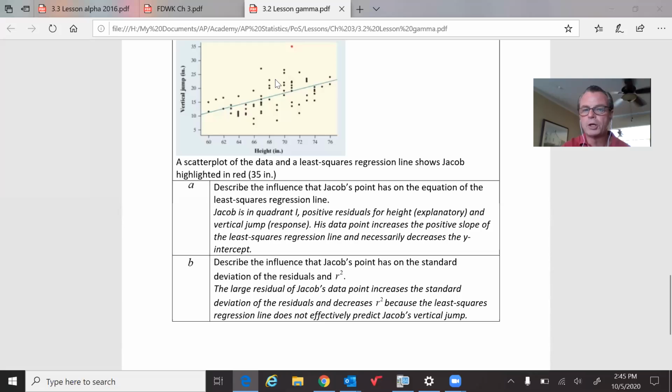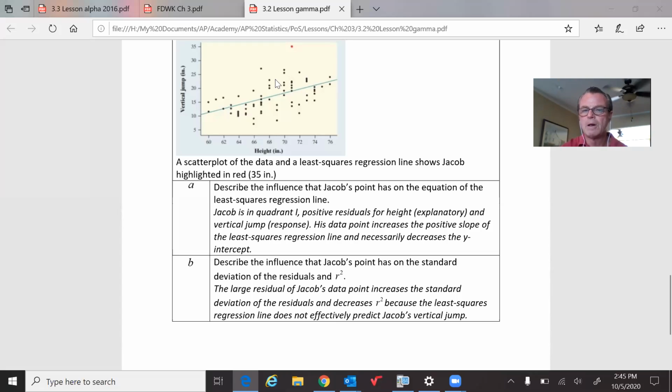So here, the grand mean is going to be in here somewhere. But the red point is to the right and up from there. So he's in quadrant 1. Positive residual for the input and for the response.